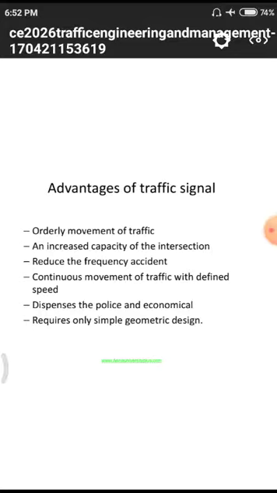First, what are the advantages we get while travelling with these traffic signals? First of all, orderly movement of traffic. Orderly means one by one. Likewise we have roll numbers, so whenever we take attendance, we simply call 1, 2, 3, 4, up to 60, depending upon the strength of the class. Here also there is some following of order. In the particular road itself, a number of vehicles are stopped in a proper manner, so the first vehicle has to move first, then the second, then the third.